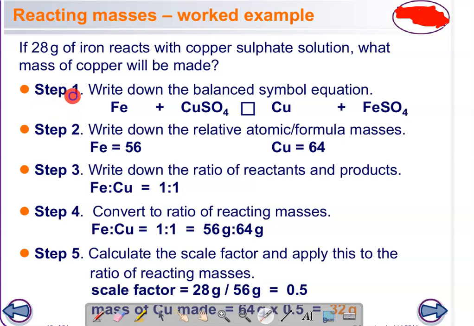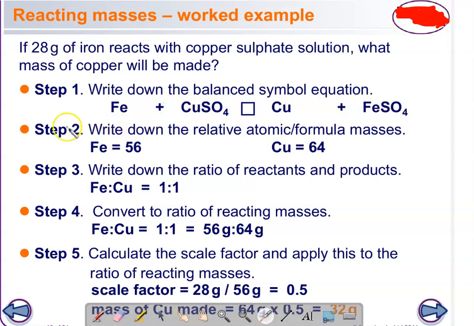Step one, write down the balanced symbol equation. Here you will need to apply your balancing of equation skills. You know that you are reacting iron with copper sulfate, and you know that one of the products is copper. You must know the other product and write the balanced equation down. And so this is what our balanced equation will look like.